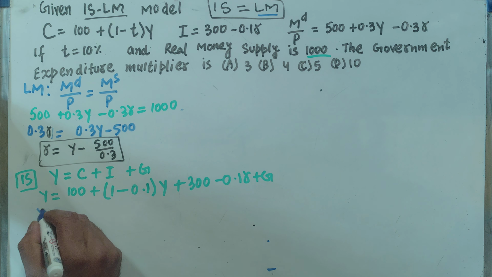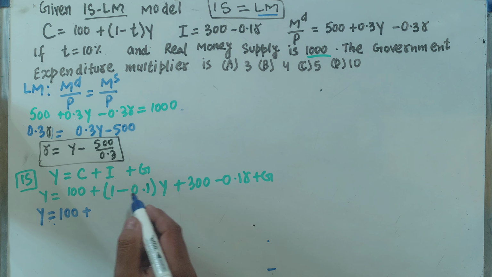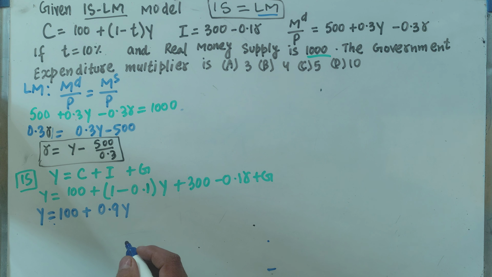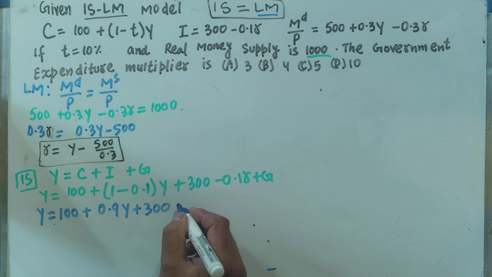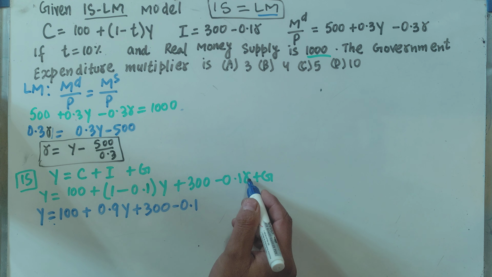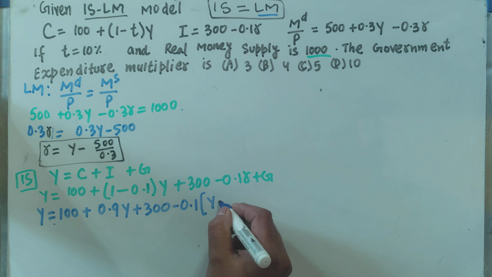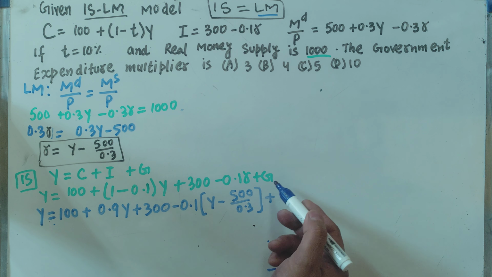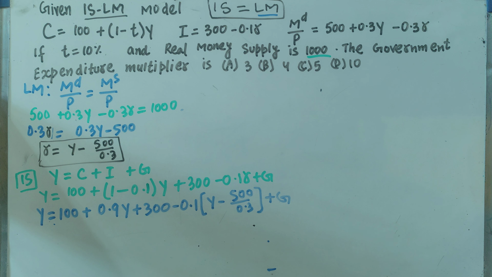So let us further solve. Y will be equal to 100 plus (1 minus 0.1), which is 0.9, so we get 0.9Y, plus 300 minus 0.1 times the value of R, which is (Y minus 500) divided by 0.3, plus the government expenditure G. Solving further, we have 100 plus 300, which is 400, plus 0.9Y.